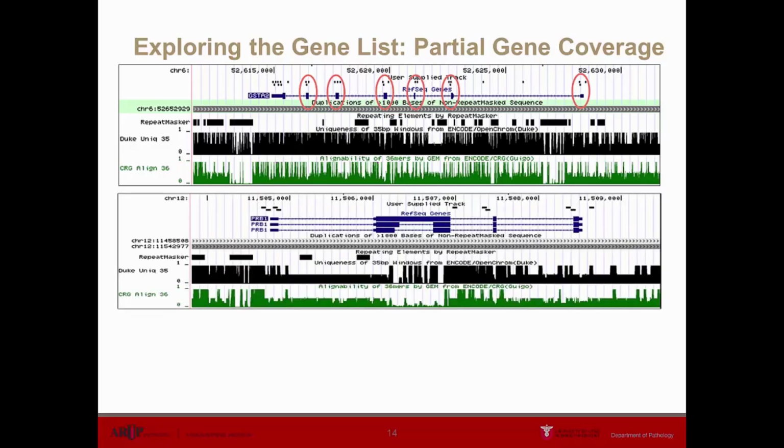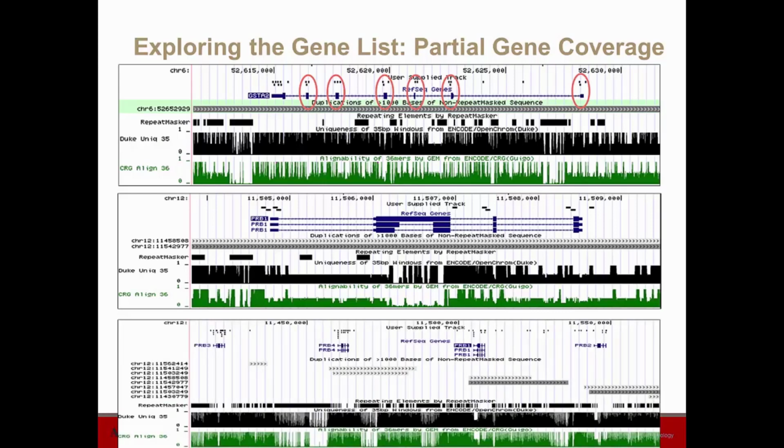Here's an example of another gene, PRB1. The reference transcript is the one in blue at the top with 4 exons, and only in one of the 4 exons were they able to place 4 probes. But this was only 96 genes.